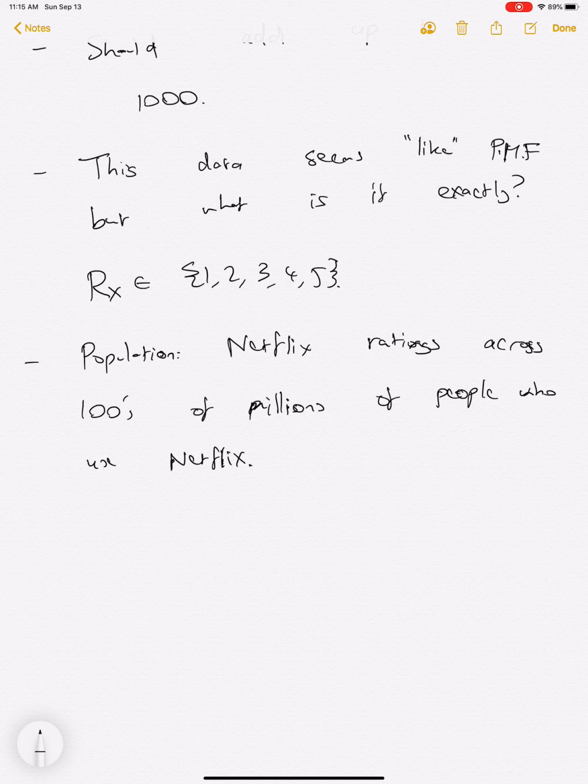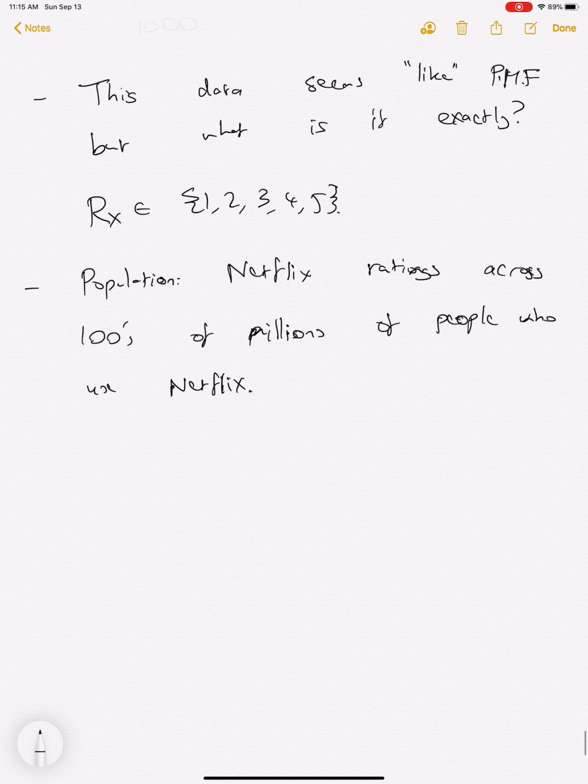So the idea would be that if every single person who used Netflix watched that film and rated it, that's the population distribution. So p_X(k) is the probability X equals k, where k equals 1, 2, 3, 4, or 5.